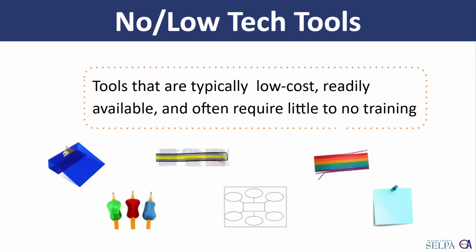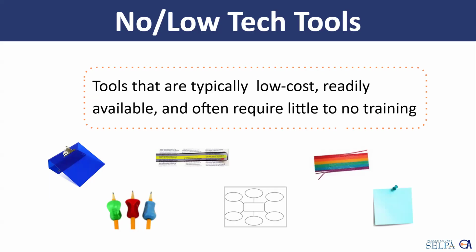Thanks, Mimi. Hi, everybody. When we talk about no-tech or low-tech tools, they're typically low-cost, readily available tools, and they often require little to no training. You'll see some examples here in the slide. These are items that are typically found in classrooms and readily available to all students.